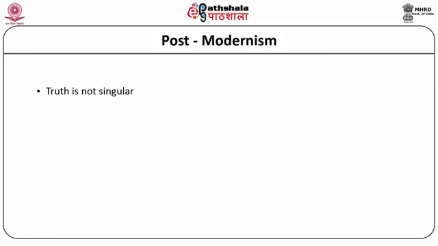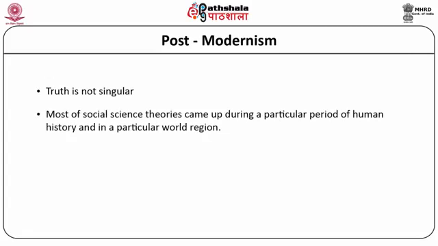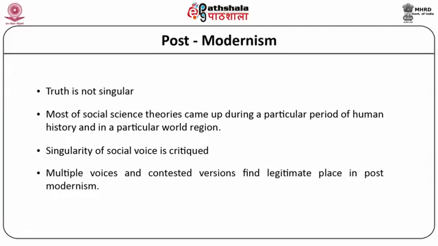And the most important realization in postmodernism was that most of the anthropological theories or theories in social science came up during a particular period of intellectual history, or came up in a particular region of Western society. So, it was mainly critiquing how the initial theories were formed by a group of elite intellectuals, a group who dominated the way in which social science thinking was oriented. But postmodernism challenged all these kinds of practices, which have consolidated theory building in anthropology or in any other subject.